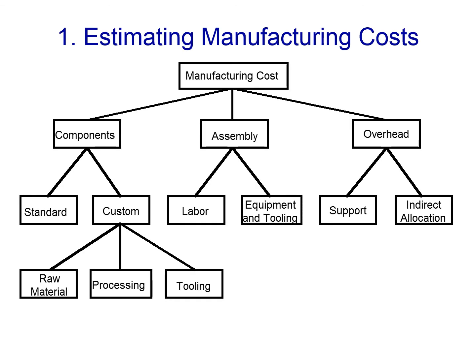Cost estimation. Let us start with estimating the cost of components. Standard parts usually are estimated by soliciting price quotes from suppliers. When soliciting quotes, estimated production quantities are extremely important for price breaks.